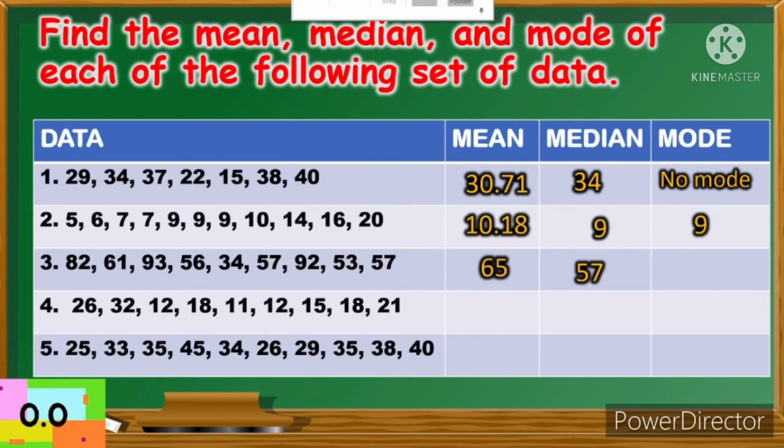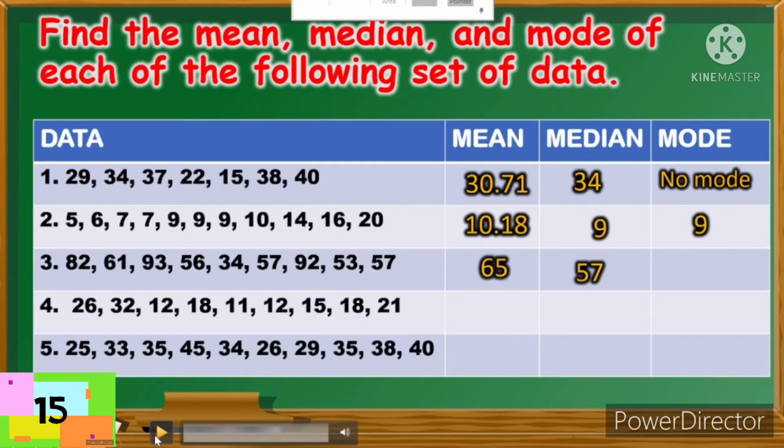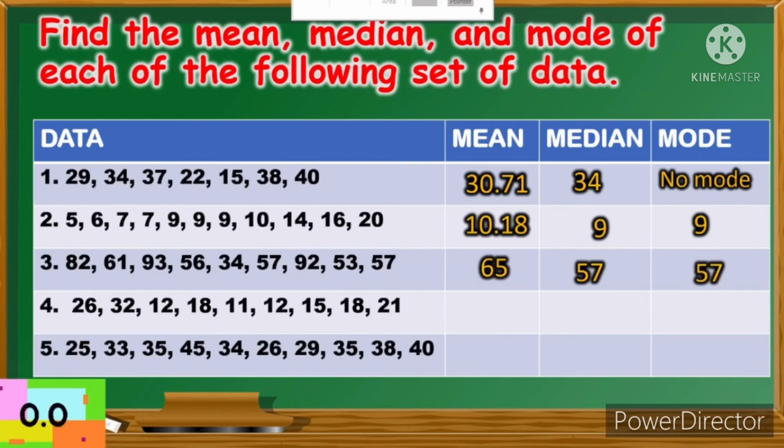Amazing! Next is mode. Your time starts now. The correct answer is 57.